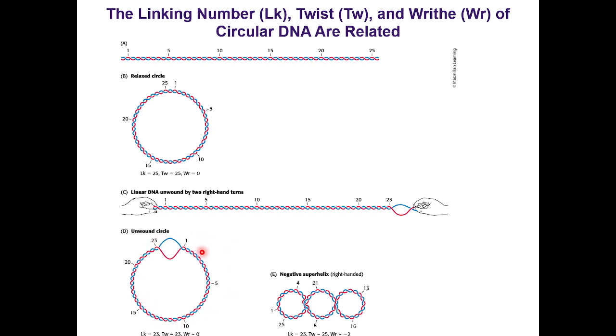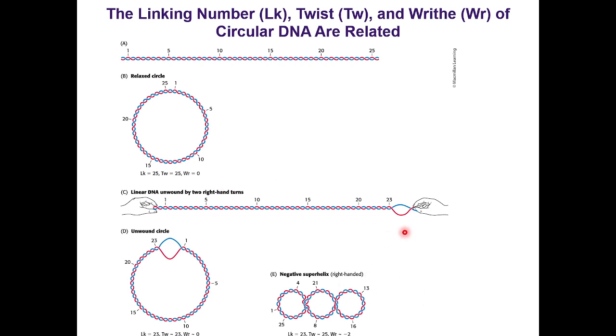And our link and our twist are both going to be 23, because again, we don't have any other more complex structures in there. It's just one circle, no other supercoiling going on. Like if you laid down the hose really carefully on the ground to make a big circle. There's no real difference between it being straight and circled, right? It doesn't supercoil anymore, it doesn't twist on you, it doesn't do anything.